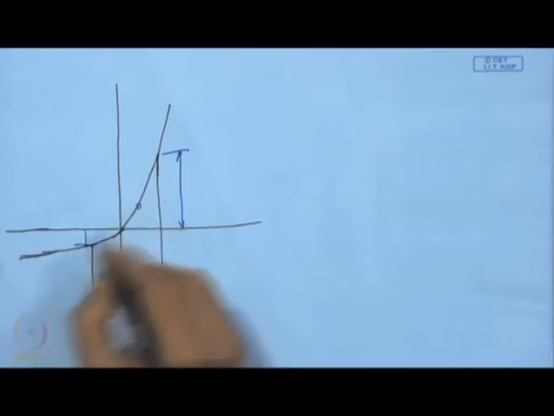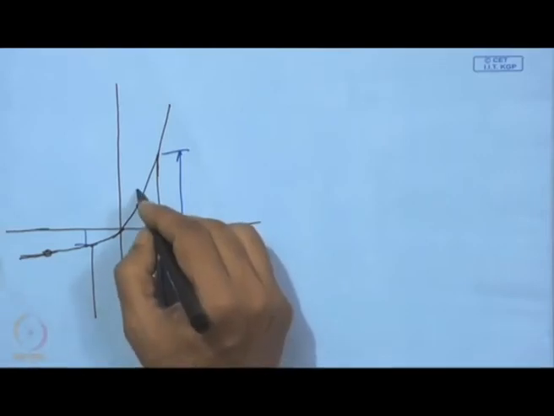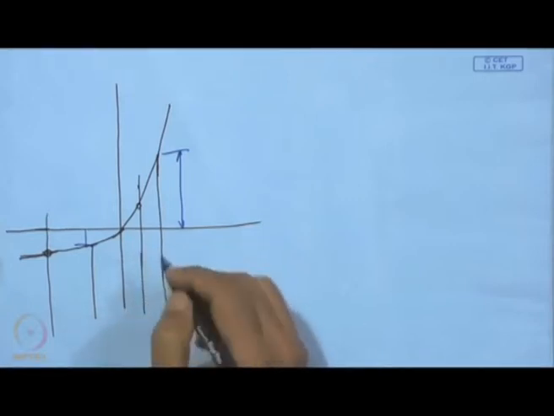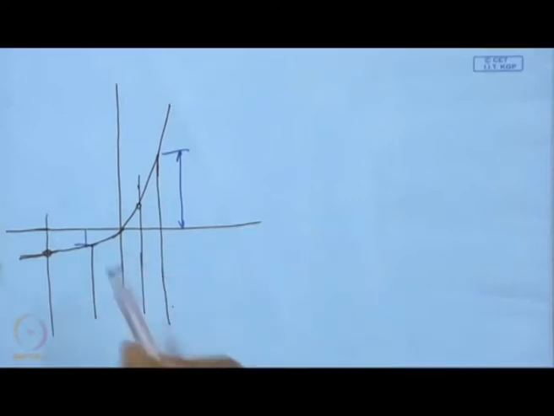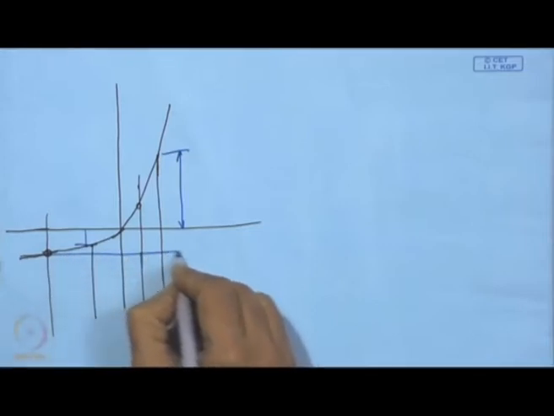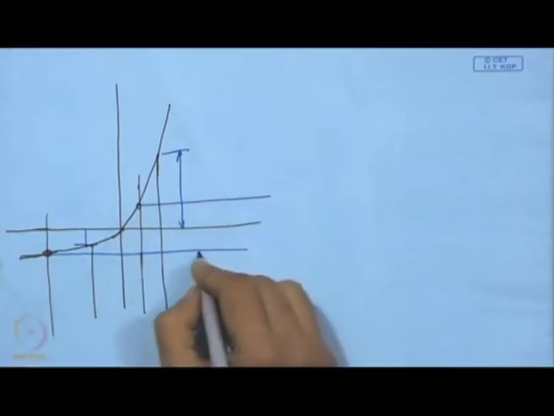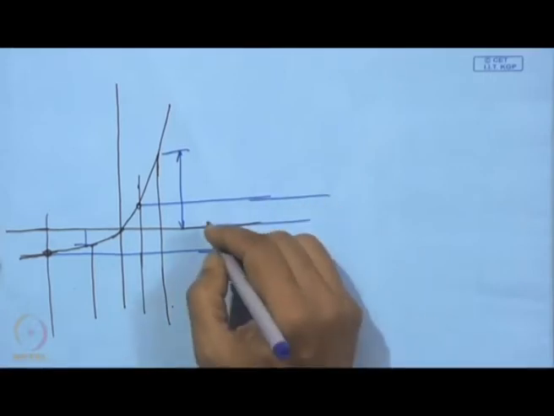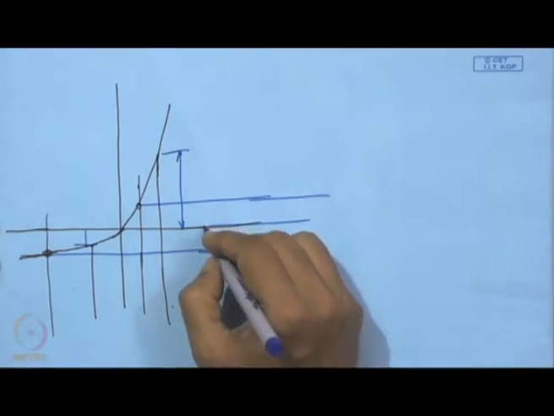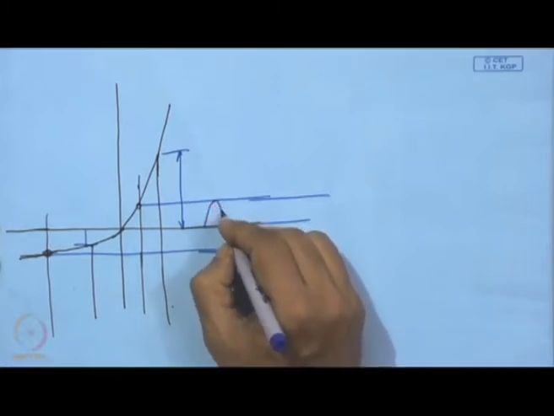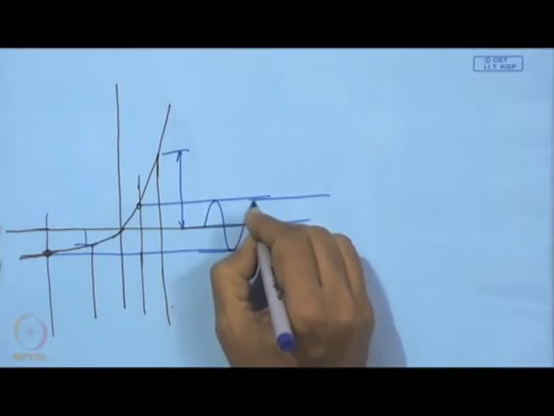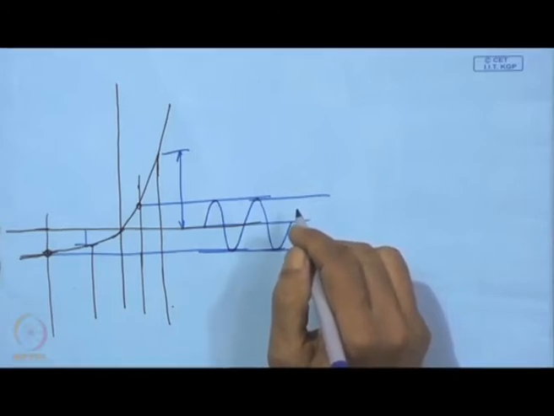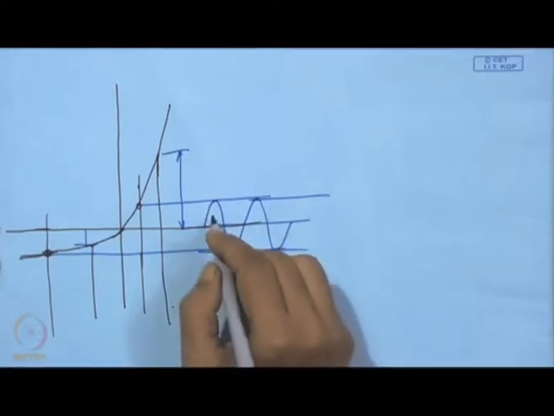Say this is a position and this is a position, and these are some border or the bandwidth over which, if we draw these two lines, then what we see is that this waveform has taken a different shape and also different magnitude.